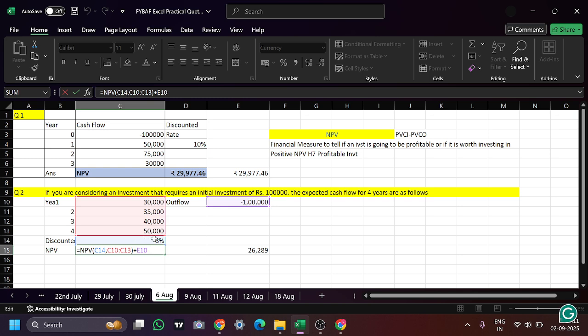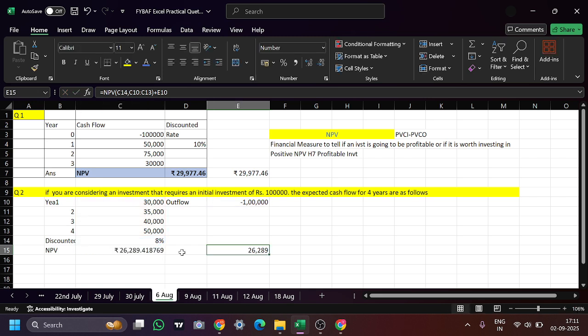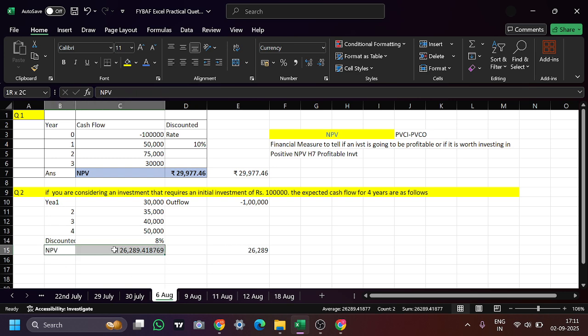We have selected the rate as 8%. Thereafter the inflows are selected, bracket complete, plus the outflow mentioned over here, and with this we have got the value 26,289. This says that the NPV is positive, and since it is positive, we should invest in the proposal. These are the two basic sums we have seen.